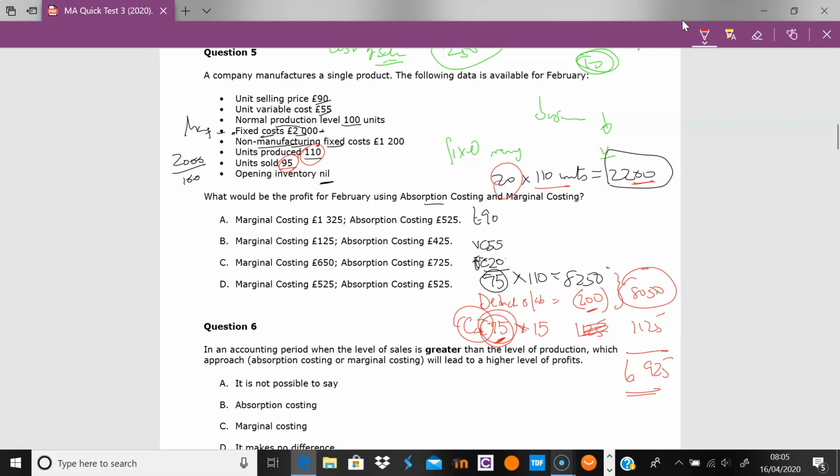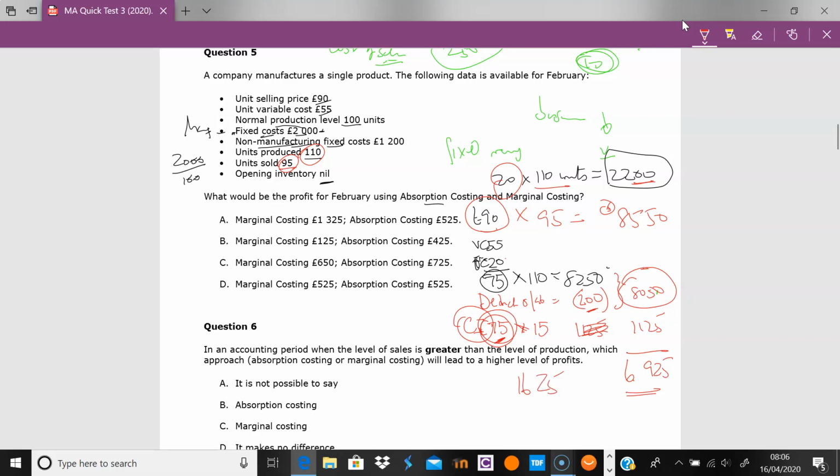If they cost 6925, how much did I sell them for? You sold each of them for £90. You sold 95, which gives you 8,550. So if you sold them for 8,550 and they cost you 6925, your gross profit is 1625. Okay, great. Thank you very much.